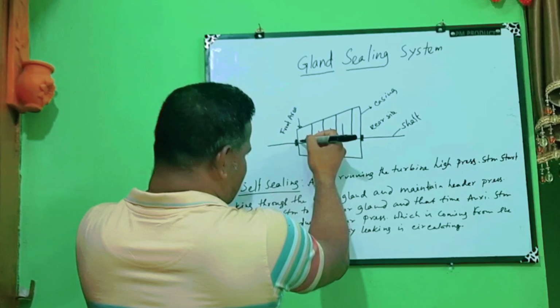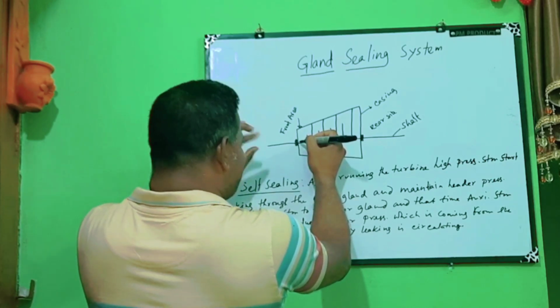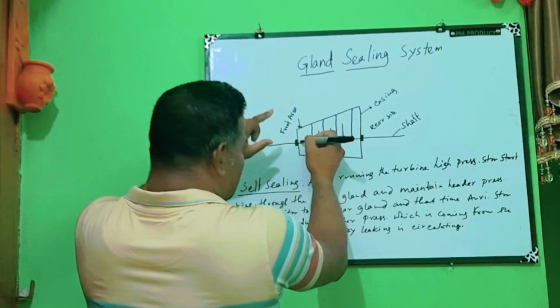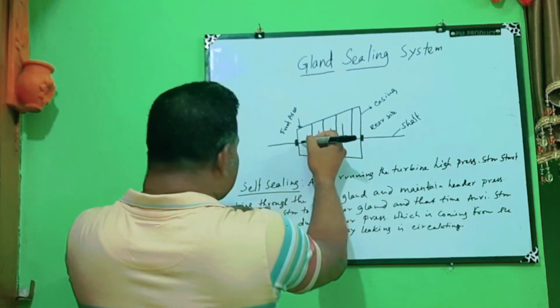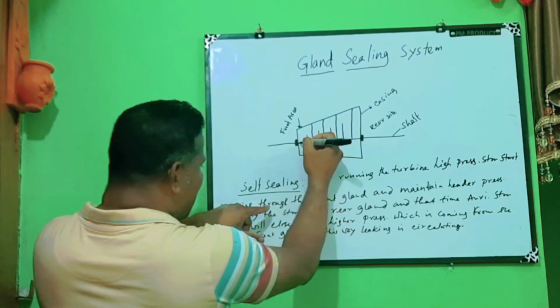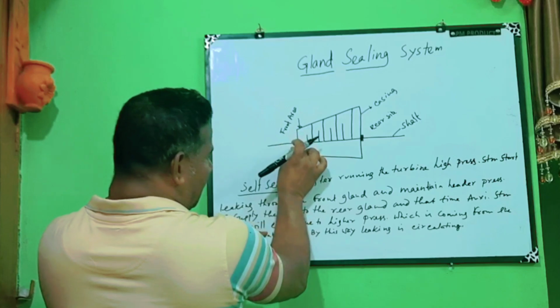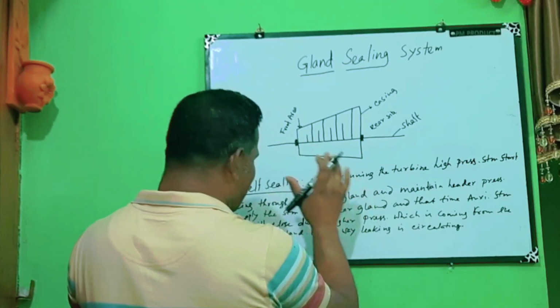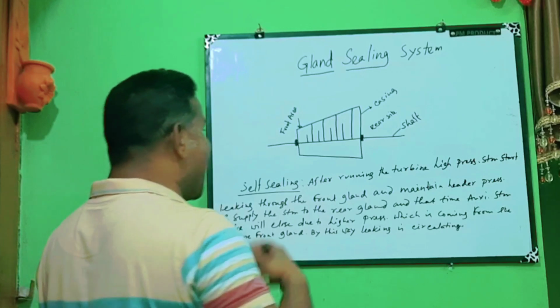On this side the left hand seal is available. Still, some steam will leak from this point. So this high pressure steam starts leaking through the front gland. This is called the front gland. Still leaking through the front gland, at that time the auxiliary steam valve will close due to higher pressure.